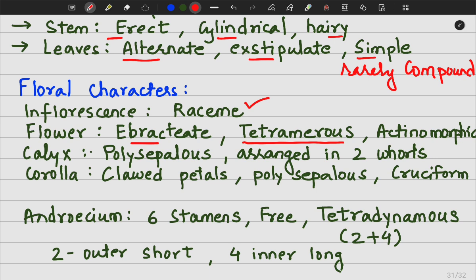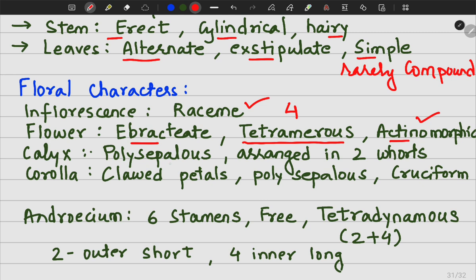If you have gone through the previous lectures on the flower, depending on the number of floral whorls or parts, whether they are 3, 4 or 5, the flower is called trimerous, tetramerous or pentamerous respectively. Tetra means 4, so this flower has 4 members in each whorl, 4 calyx, 4 corolla, and so on. Hence the flower is tetramerous, and the symmetry is radial, or the flower is actinomorphic.